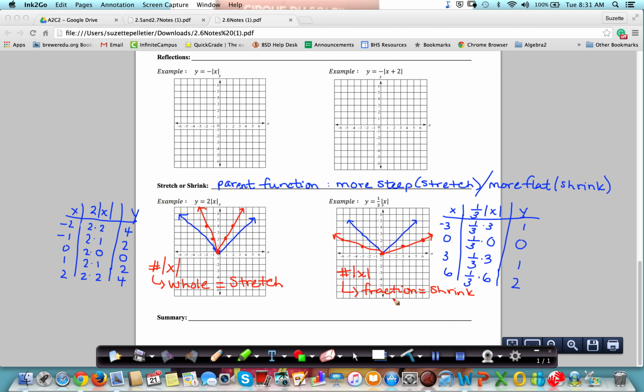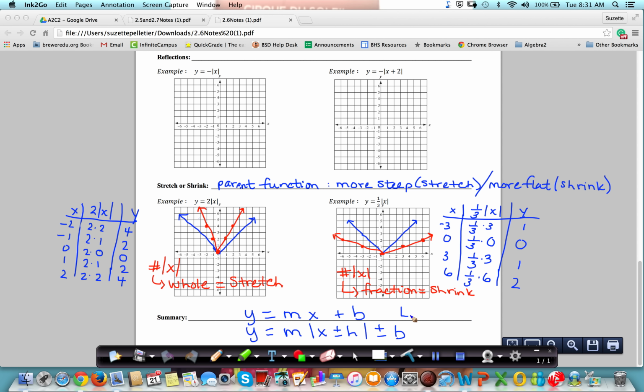So here's a summary for you, just to go over what we've been talking about. When you look at a function, y equals mx plus b, whether it's a line or an absolute value. Now, I know this looks a little weird.